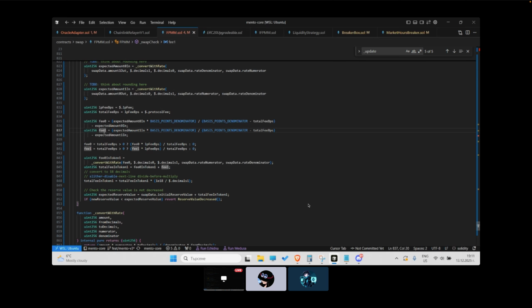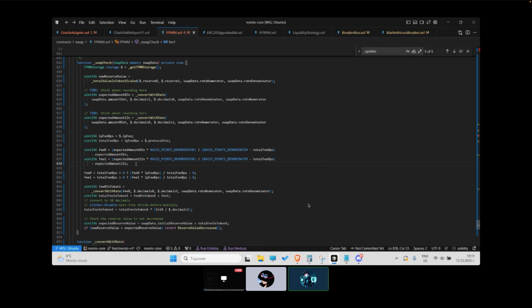Yeah, they do this math. 0.9. Okay, I think I know where it comes from, because if the total fee is 10%, right? Yeah, total fee can be max 1%.